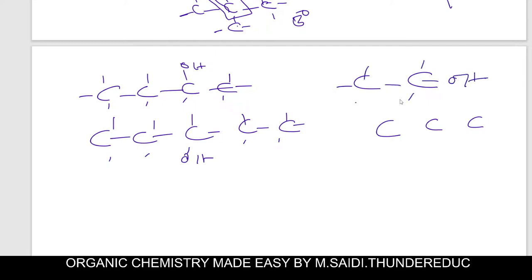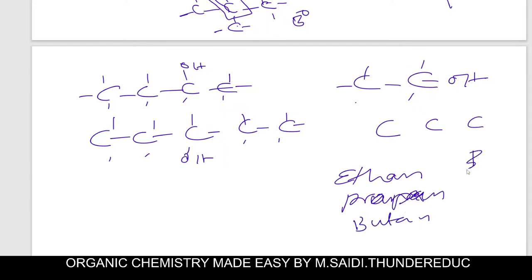We don't need to show the position. Don't waste time. Remember, these alcohols, they don't stop on eth. It doesn't stop there. You have to go up to there. Propan. Propan. Butan. It stops there. It doesn't stop on but.